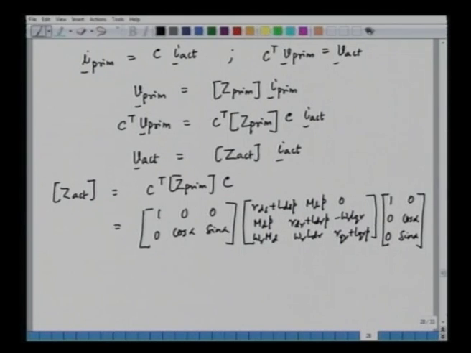So, we can simplify this. I will just write down the simplified equation. We can pre-multiply this and post-multiply this and write down the simplified equation. So, let me just write down the simplified equation of Z actual. Z actual after simplifying is obtained in the following fashion.